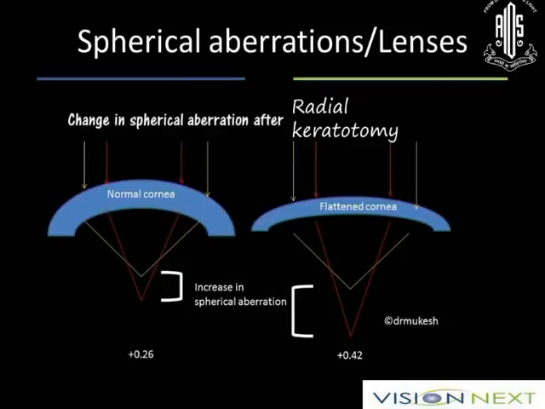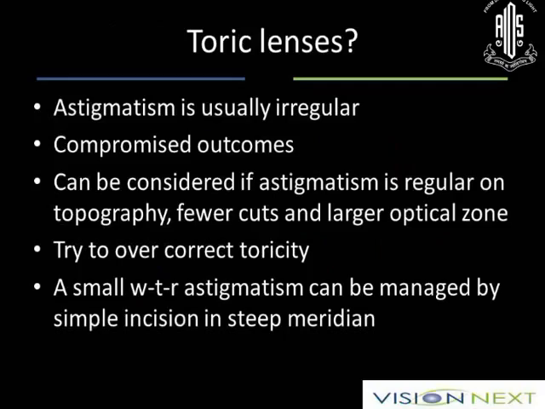Spherical aberration, as clearly mentioned earlier also, will be increased. Can we go for toric lenses? Well, in the post-RK patient, it is mentioned in many of the papers that the astigmatism is mostly irregular and toric lenses are used to correct only the regular astigmatism. If you have a high irregular astigmatism, perhaps toric lenses will not give you that particular benefit.